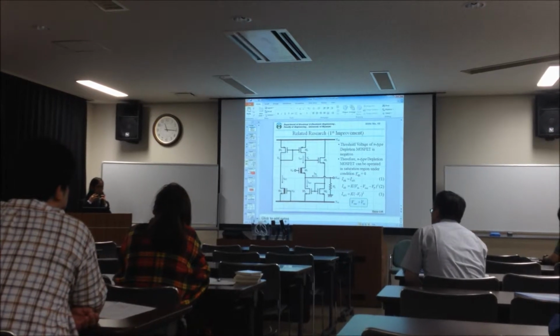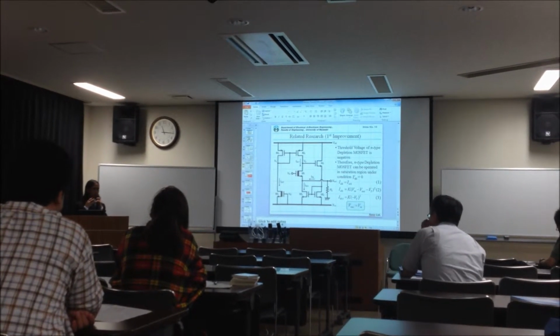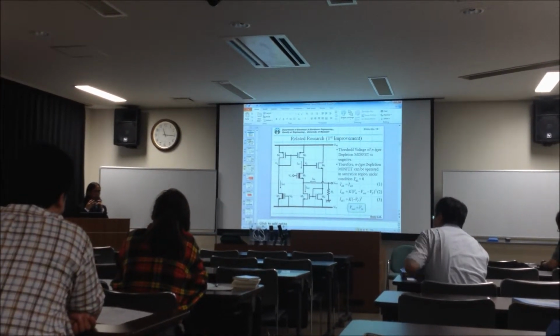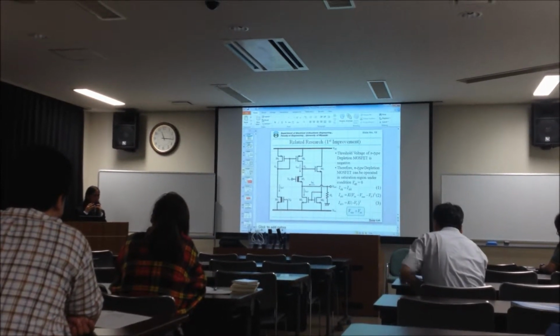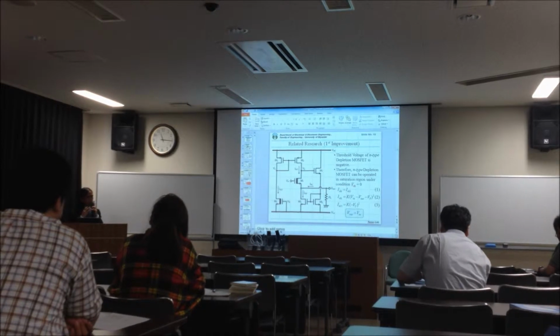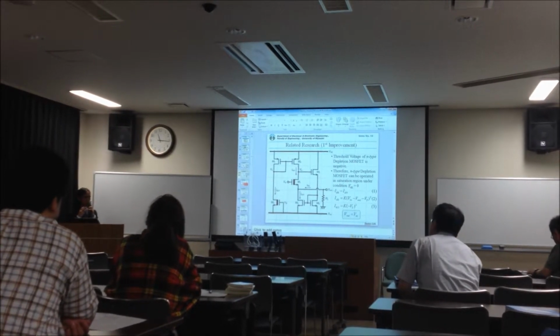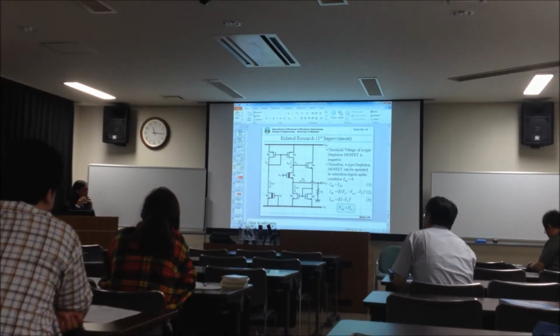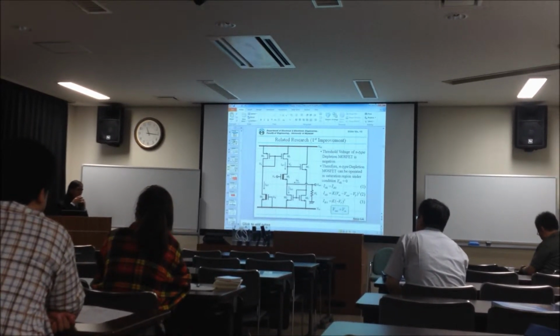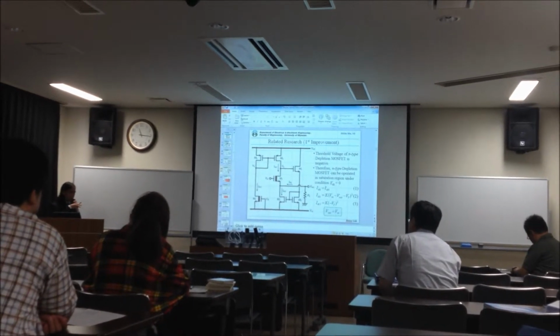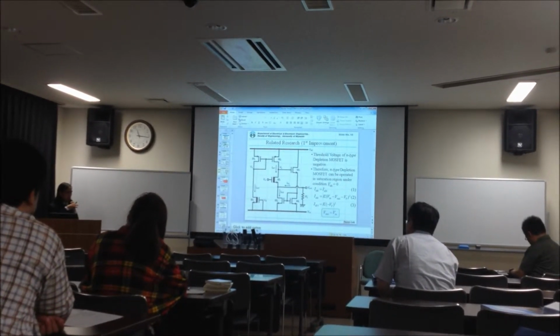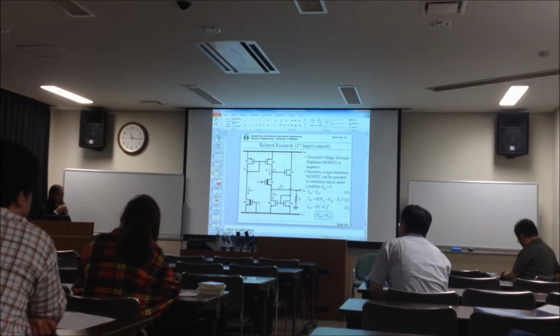Usually we realize the voltage follower using an operational amplifier with negative feedback, but it consumes a large amount of power and occupies a large chip area. So if we want to realize many op-amps or many voltage followers in one chip, it is very difficult, or it will consume a large amount of power.